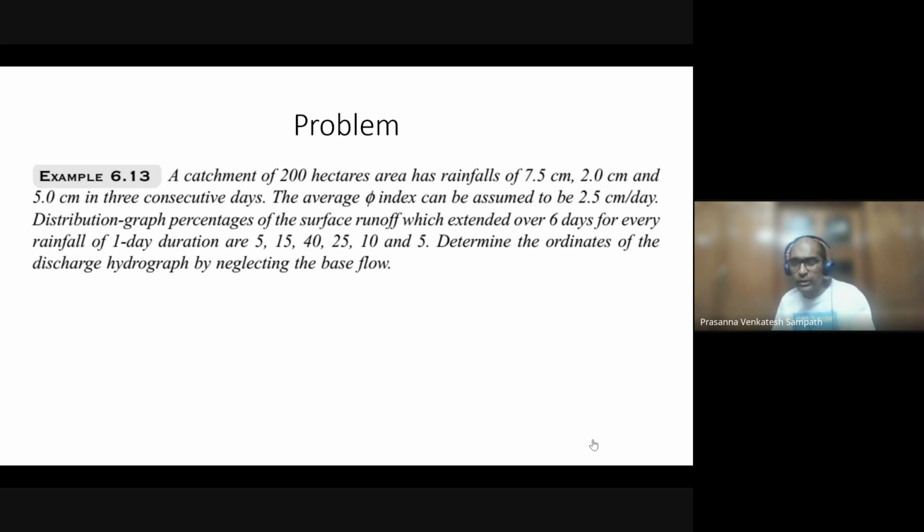Who are the ones who are here? Okay. Revant, can you tell us how much effective rainfall happened on the first day? Revant G. Okay, Srividya, how much effective rainfall happened on the first day?